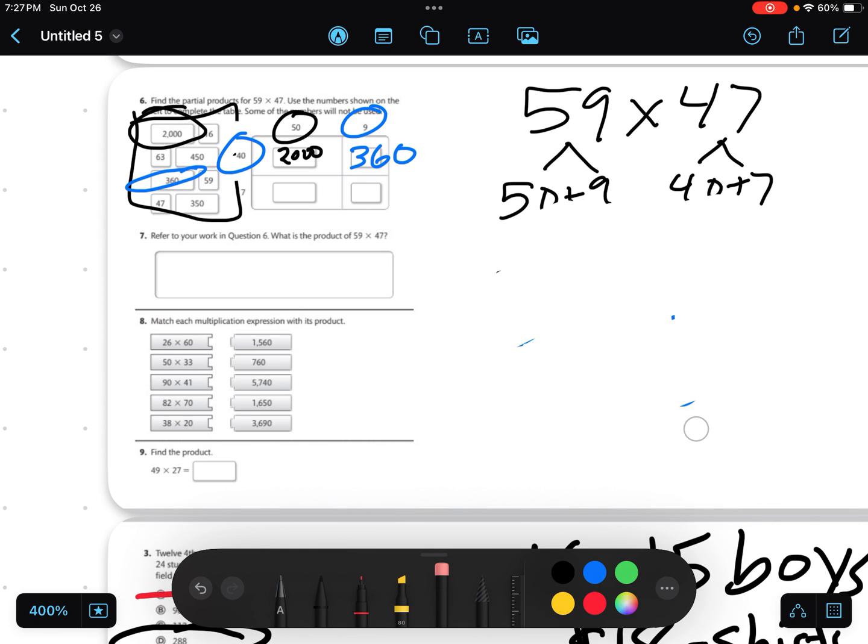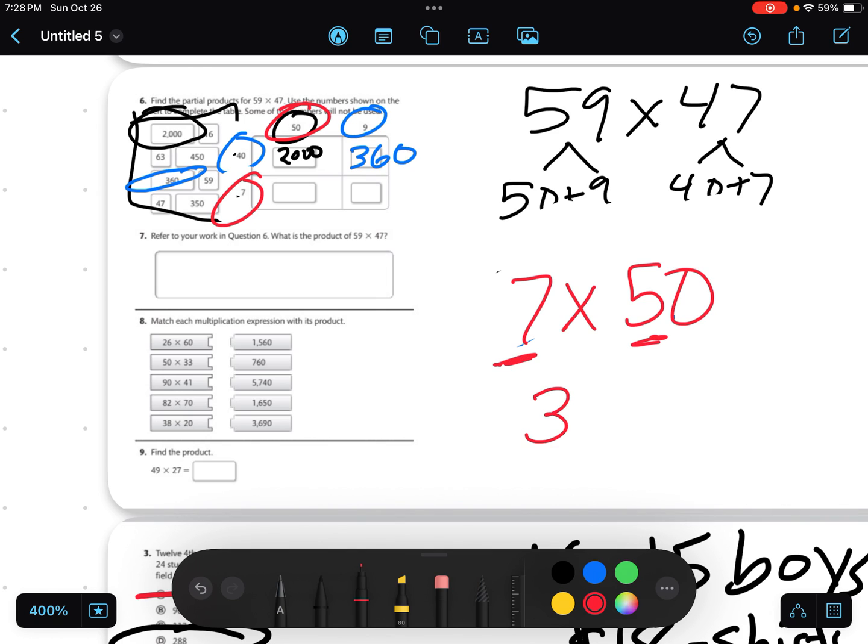And then, let me do a different color. And then I'm going to do 7 times 50. I'm going to look at my base number. 7 times 5 equals 35. So 350.